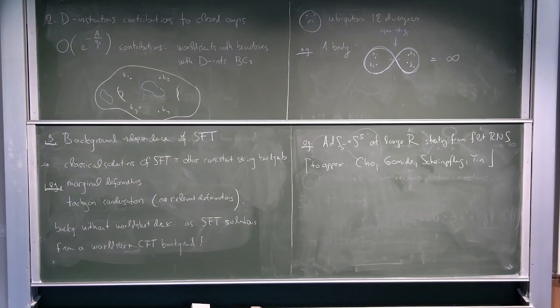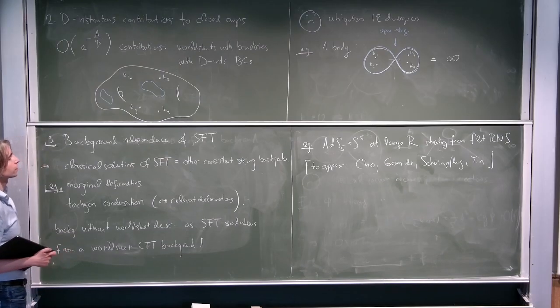And if you do everything correctly, consistently, you should be able to obtain finite answers loop by loop. So, for instance, like in the standard model, you don't have to introduce infinite counter terms, right? Yeah. Yeah, that's true.